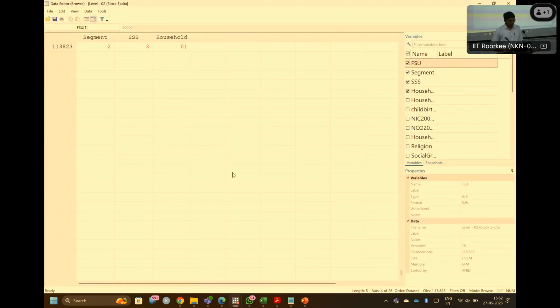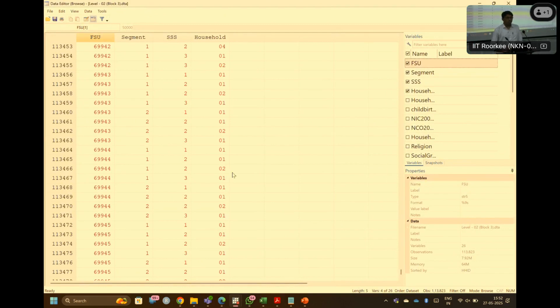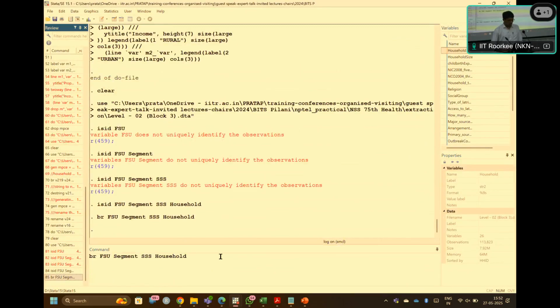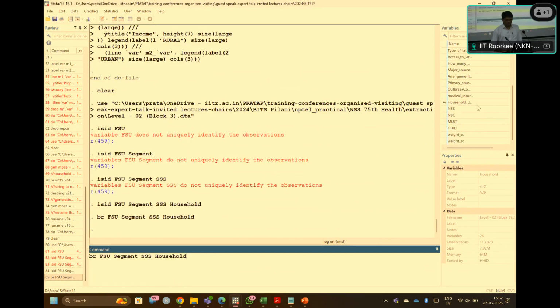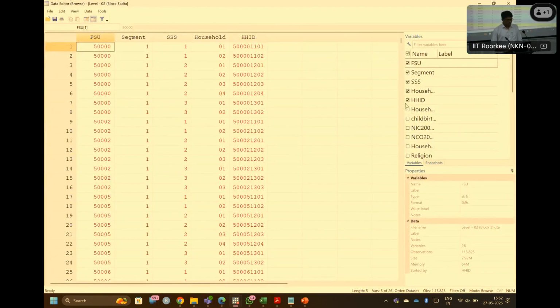So it is here, all four. I'm going to show you another one I generated, that is the household variable, HHID. Here is the HHID that is combining these 1, 2, 3, 4 variables.